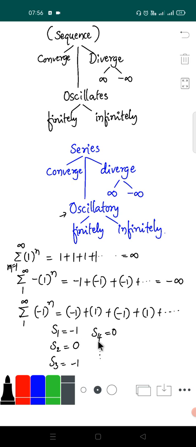So the sequence of partial sums is minus 1, 0, minus 1, 0, and so on, right? So this is an oscillatory sequence between minus 1 and 0. It oscillates between minus 1 and 0 only.